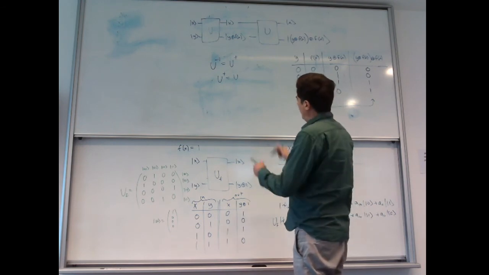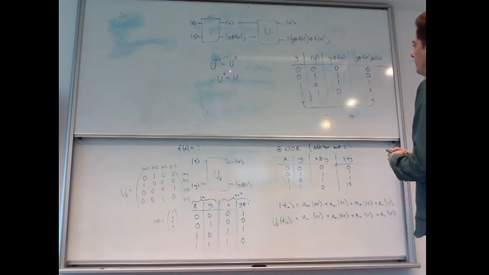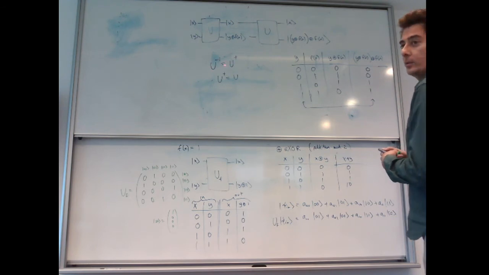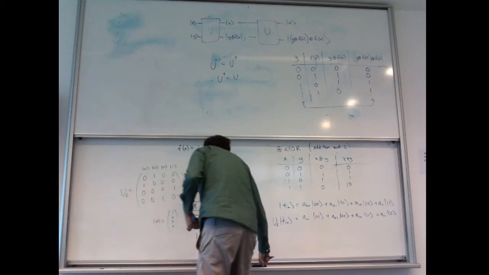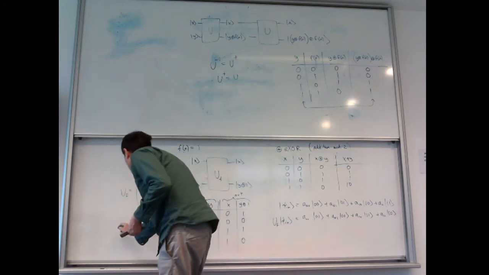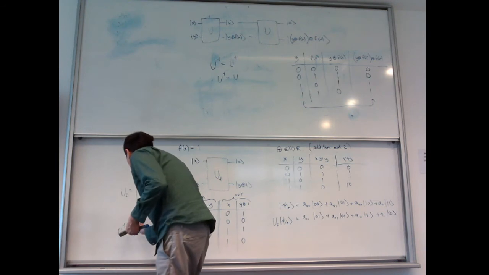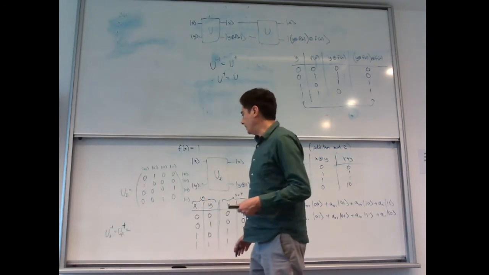And I was just saying that the inverse of this is the conjugate transpose, right? It's true for any unitary matrix. So we can write down the conjugate transpose of this, which we know is also the inverse of this matrix.